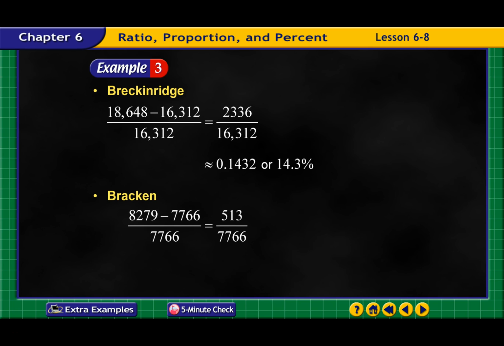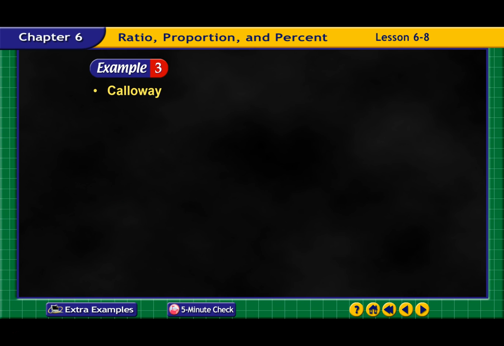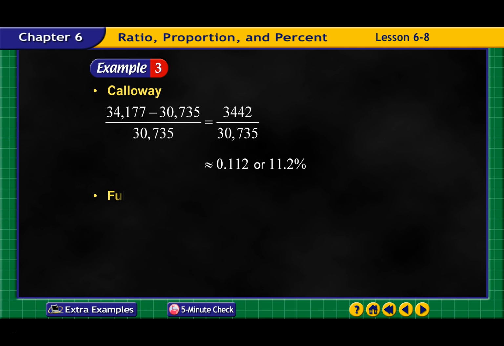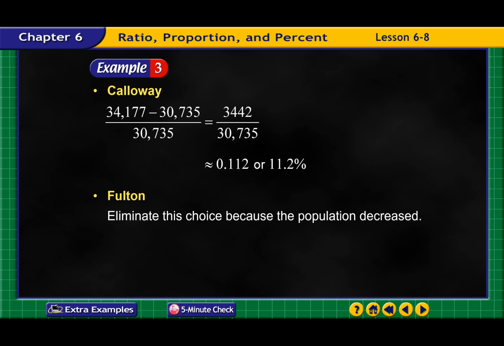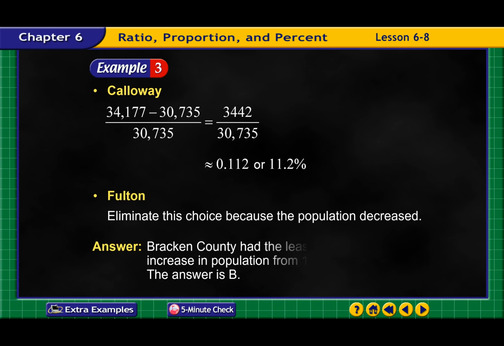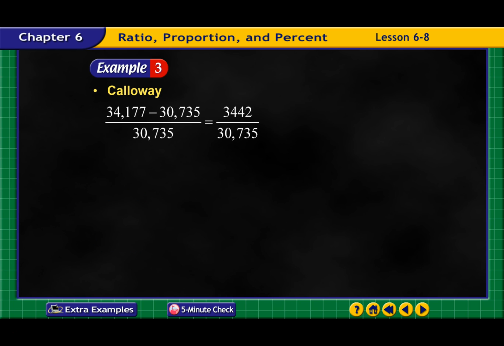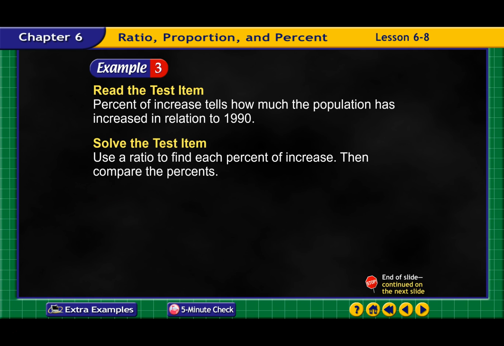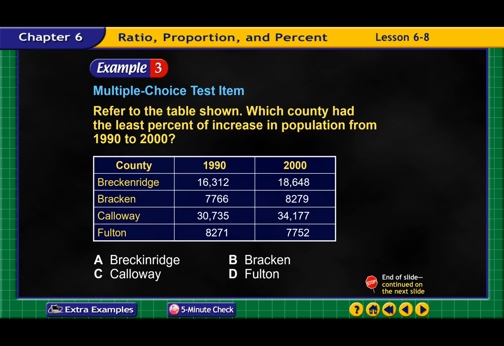Breckinridge gives us 6.6%. Callaway gives us 11.2%. And we eliminate that one because it went downward. So the answer would be Bracken County, because the least amount of increase would be Bracken from here.